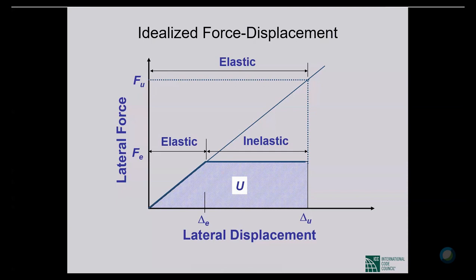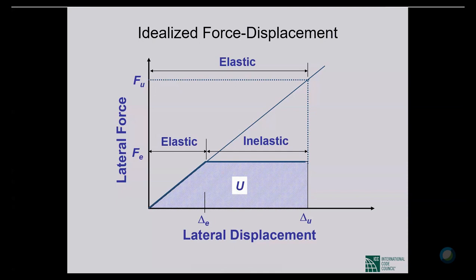So this business of ours of earthquake engineering is essentially a trade-off between strength and inelastic deformation capacity. The higher the strength, the lower the need for inelastic deformation capacity. The lower the strength, the higher the need for inelastic deformation capacity.